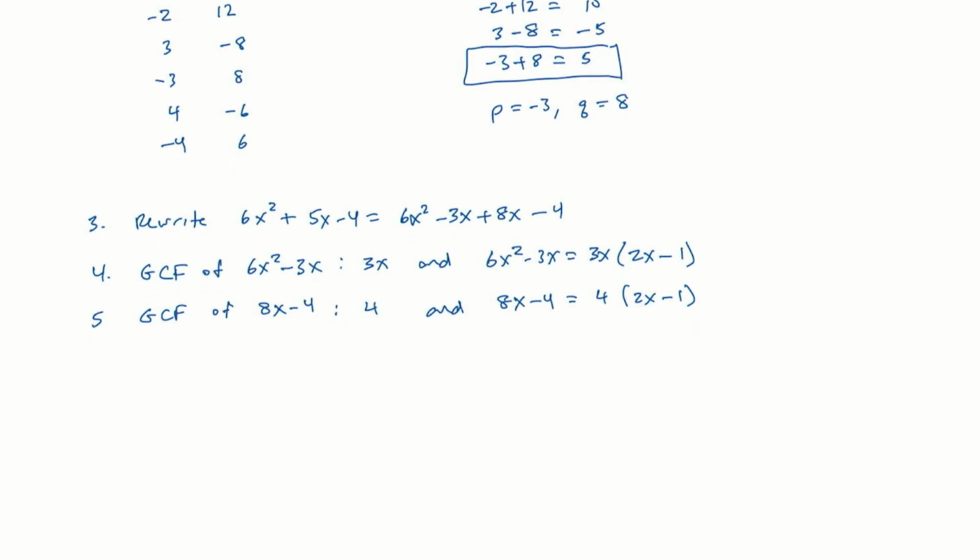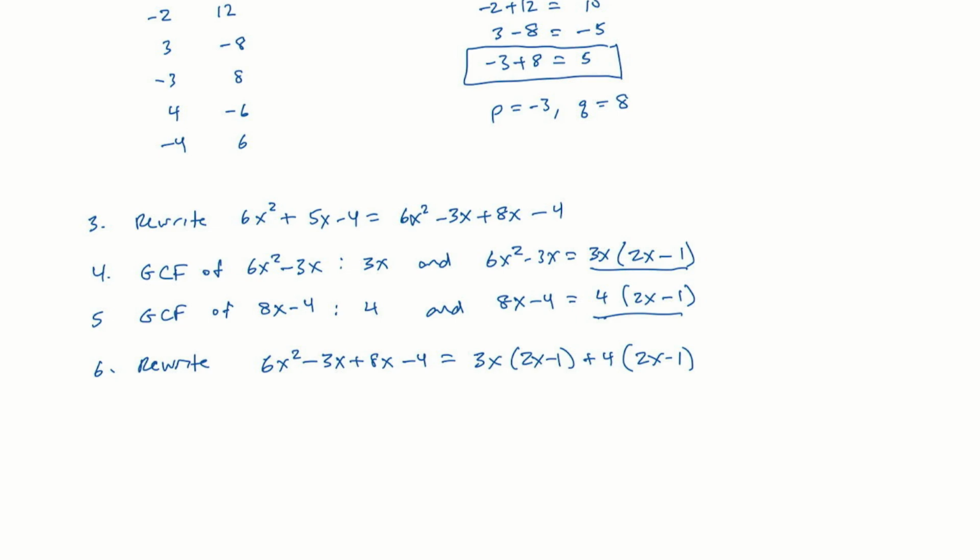All right, now we can rewrite, and then we'll be ready to factor it out. And so now we're rewriting the 6x squared minus 3x plus 8x minus 4 using these. So we will have 3x times 2x minus 1, and then plus 4 times 2x minus 1.